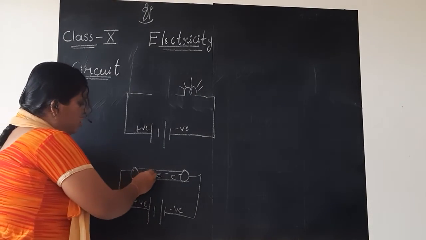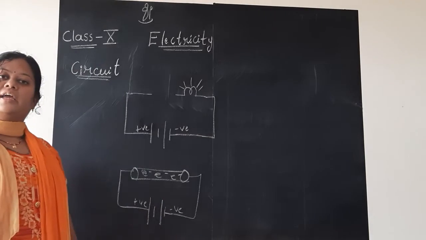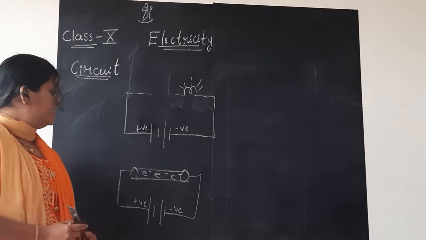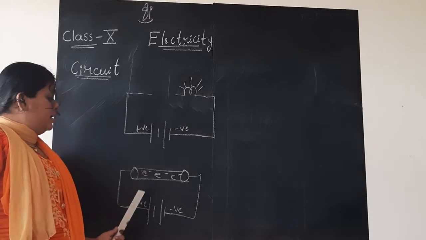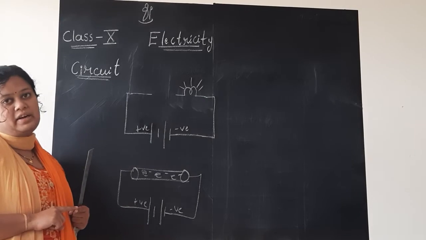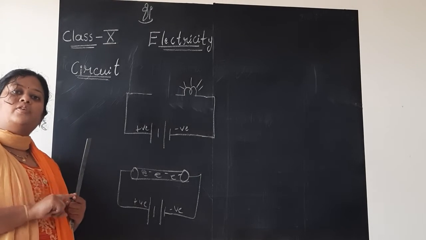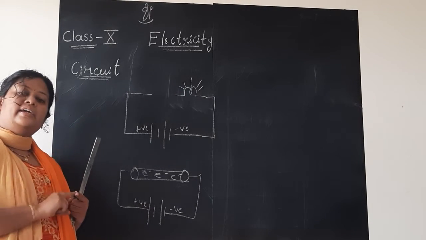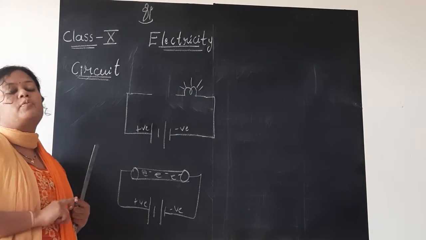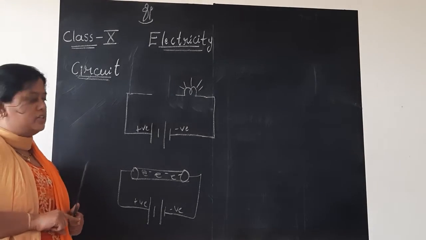For that, we all know that electrons are negatively charged particles. While studying its properties, we discussed that like charges repel each other, whereas unlike charges attract each other. Like charges means positive and positive, negative and negative. Positive and negative, or negative and positive, are unlike charges.